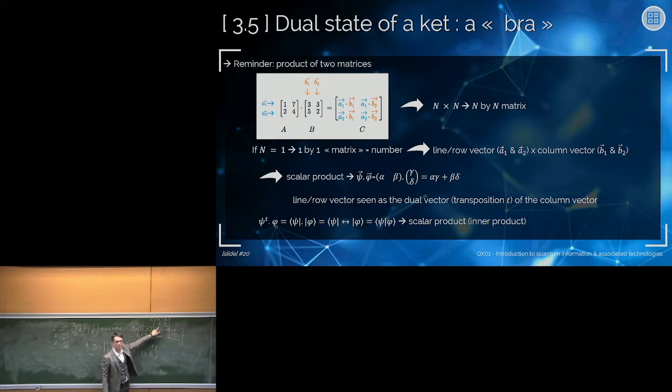But B1 is, as we know it, a so-called column vector. Okay, it's written in a column. But A1 is not a column vector, it's a line vector. It's a row vector. Line or row, depending on the definition, the word you want to use, with the same idea. And same for the others.